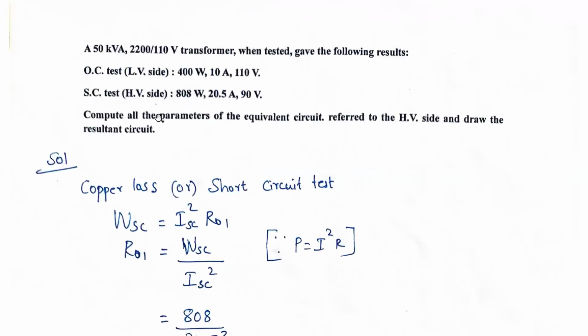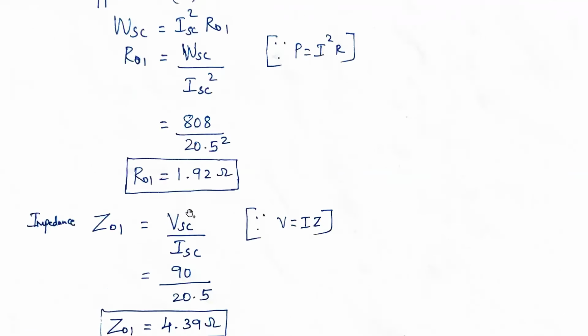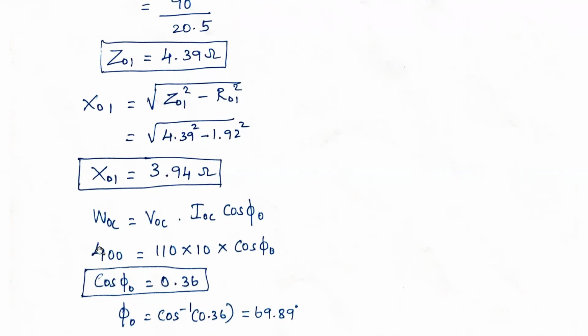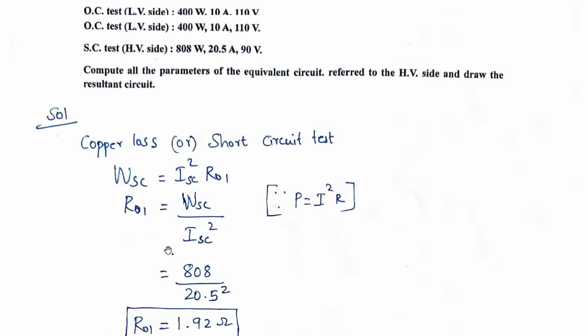From the question, the iron loss we got is 400 watts, so we substitute 400 for W_OC. V_OC is 110 volts and I_OC is 10 amperes, both given in the problem.